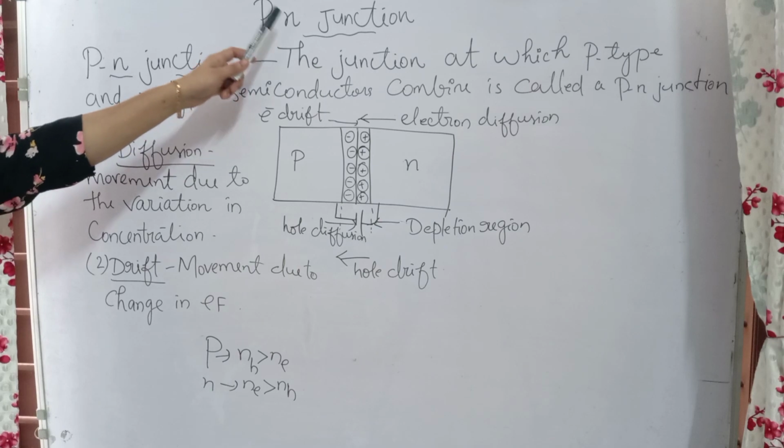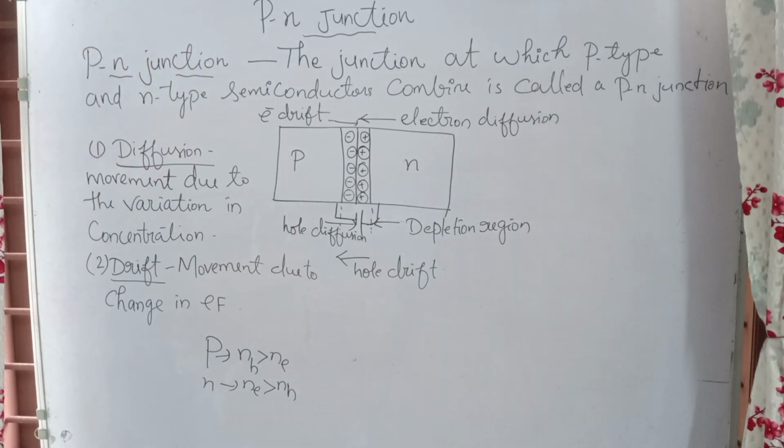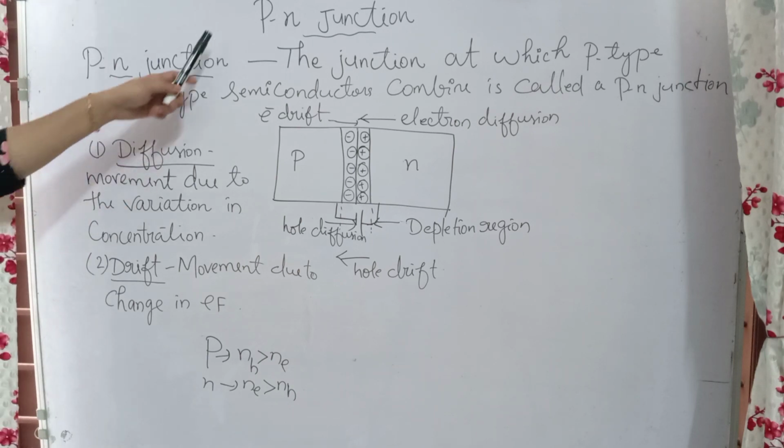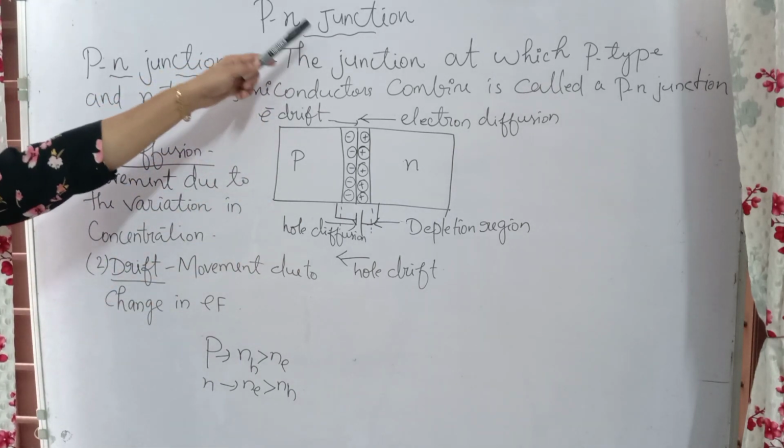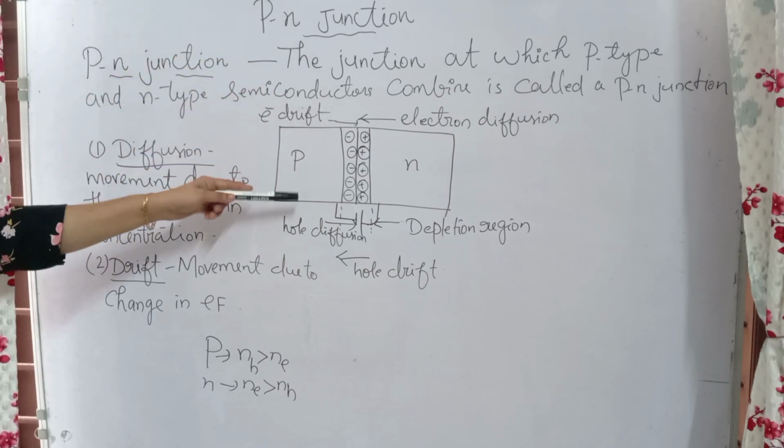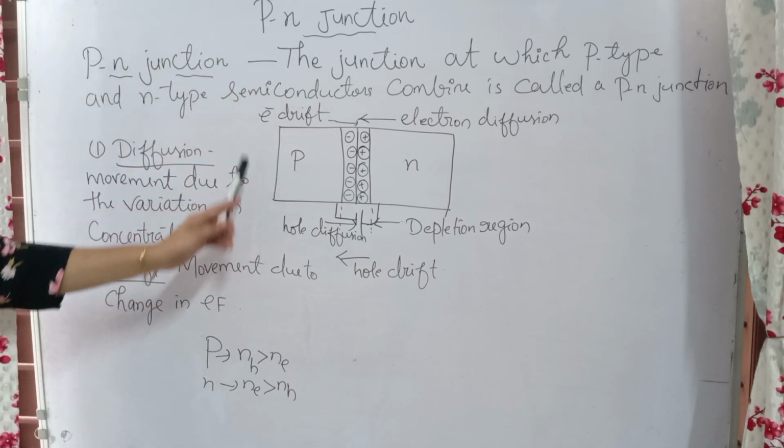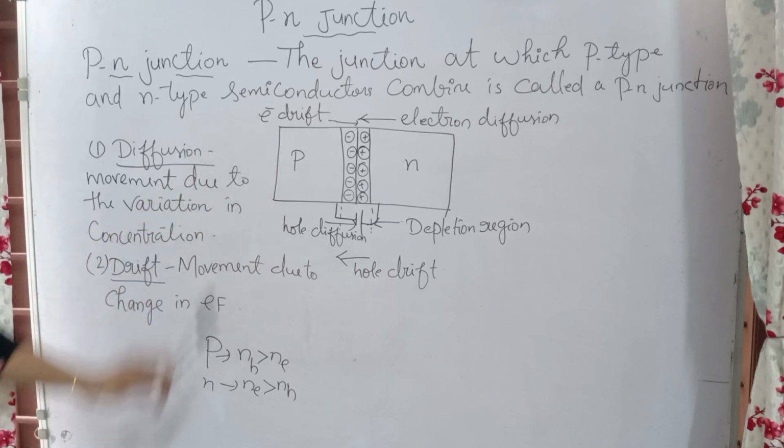We have already discussed p and n type semiconductors, right? Now we have to know what a p-n junction is, and this p-n junction is actually the basic building block of semiconductor devices such as diodes, transistors, etc. Whenever we study diodes or transistors, you have to understand this concept: what a p-n junction is, how it is formed, and how the flow of electrons and electric current is generated.